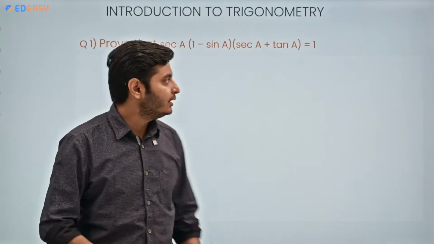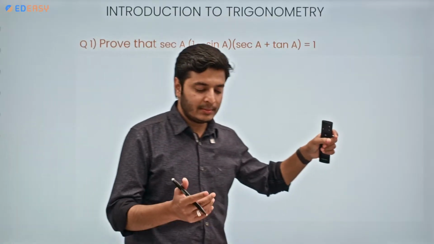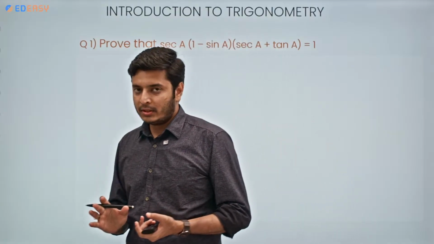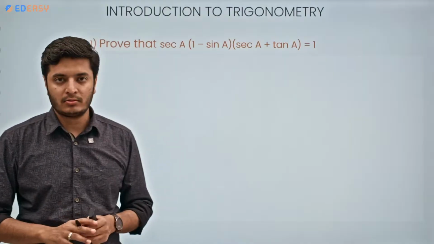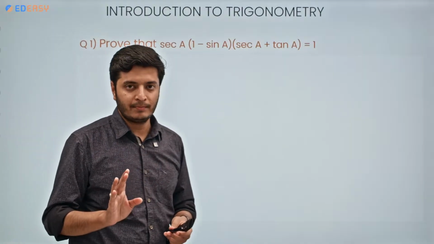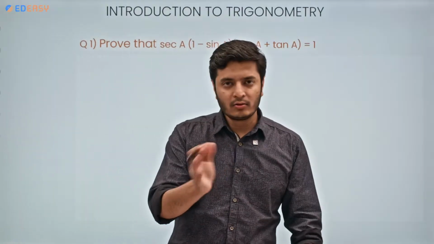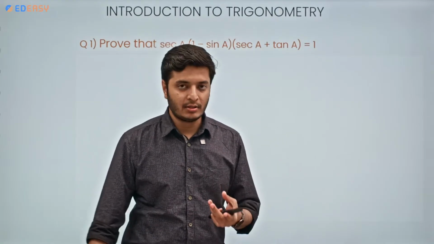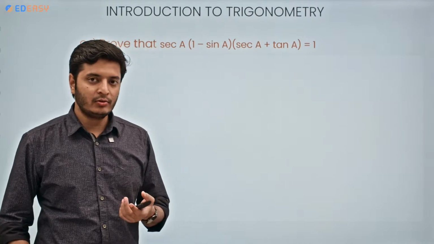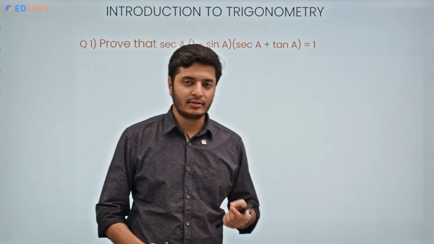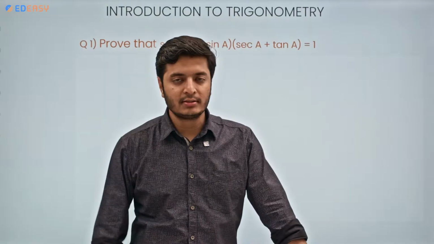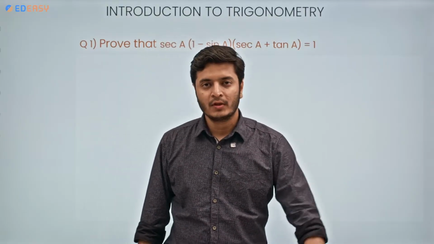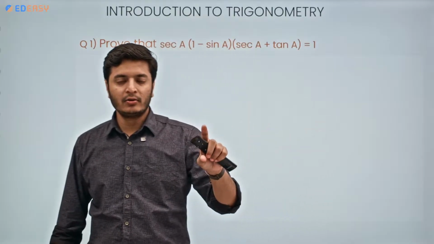If you can see different trigonometric ratios in the problem, try to do one thing, convert all of them in terms of sine and cos. All of them can be converted, correct? Sine and cos are sine and cos, so no need to convert them. But suppose you are having tangent, then you can apply this relationship: tangent theta will always be equals to sine theta by cos theta. So again, you are seeing sine and cos.